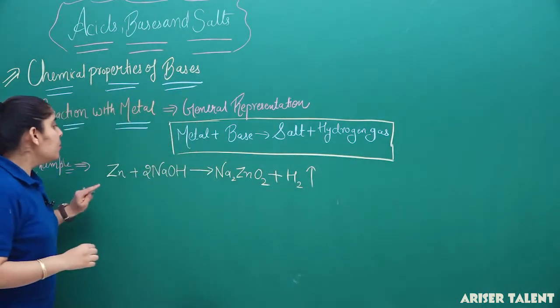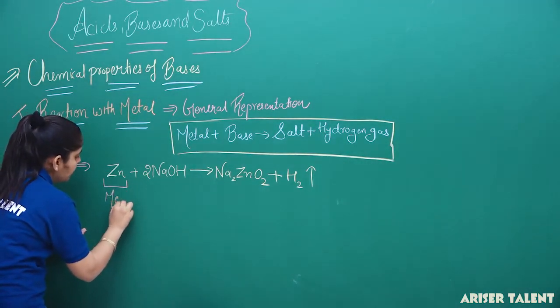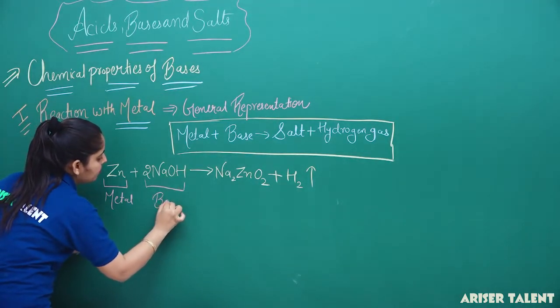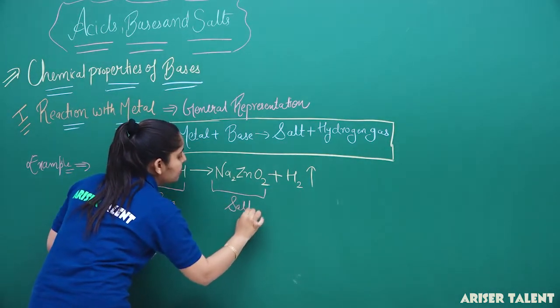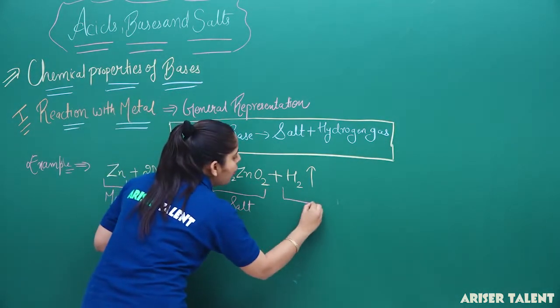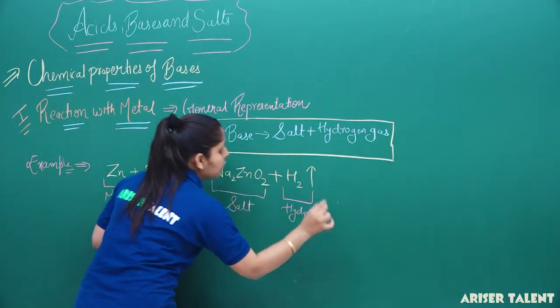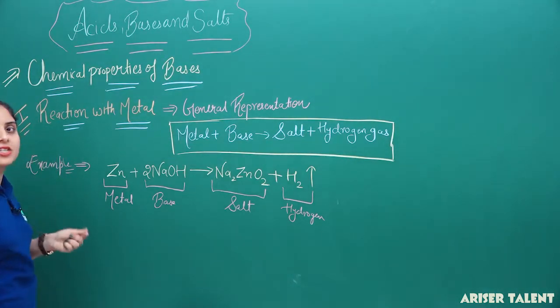So, we can see here when a metal reacts with a base, we get a corresponding salt, sodium zincate, with the evolution of hydrogen gas. This is a general representation for the reaction with metal.